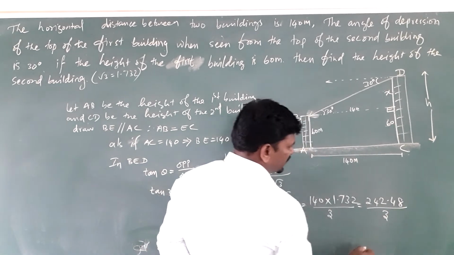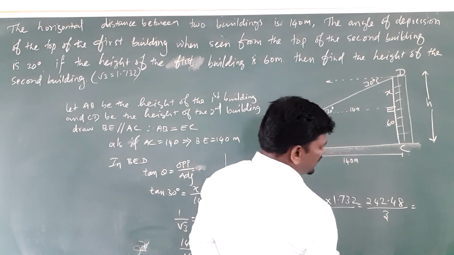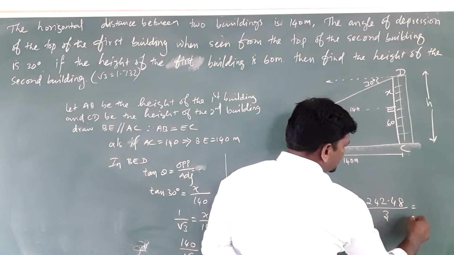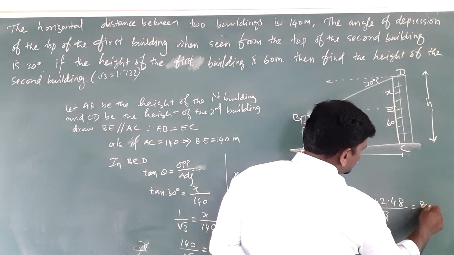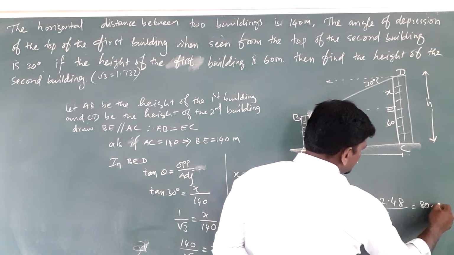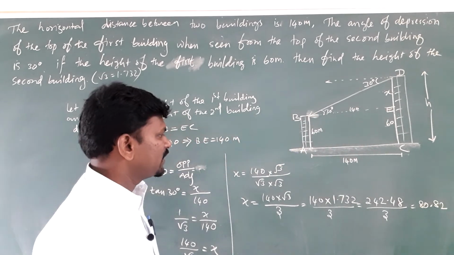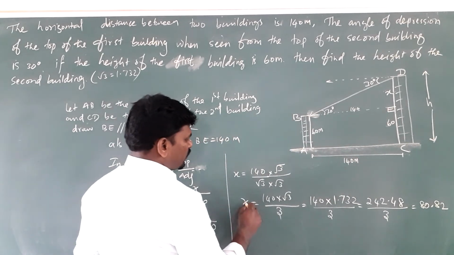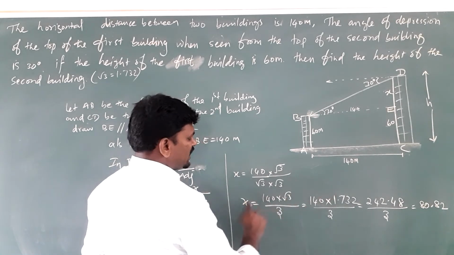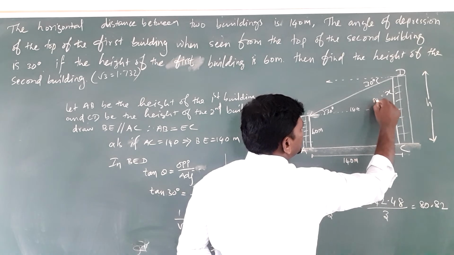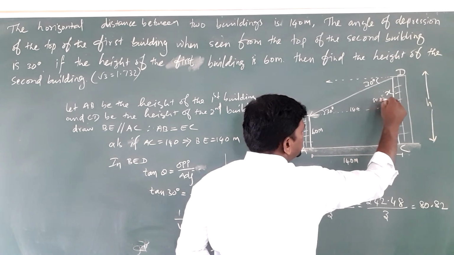So if we simplify, what will be the answer? If you divide, you will get around 80.82 something. Okay. So therefore, we have the value of x as 80.82.